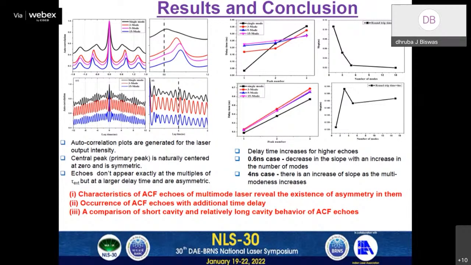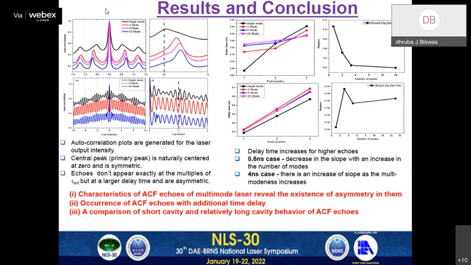The delay echoes should be at the external cavity round trip time, but they are found to be asymmetric and further delayed from the expected value, that is, in the 0.6 nanosecond case. For the single mode case, the peak is a little bit at the delay time, but for 3, 5 and 15 modes, it is found to be shifting.